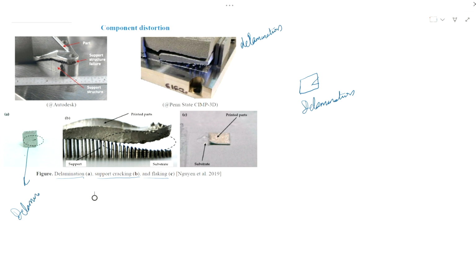This happens by using improper process parameters, like scanning speed being high and not using a heated chamber. For all these conditions, this type of problem usually happens.